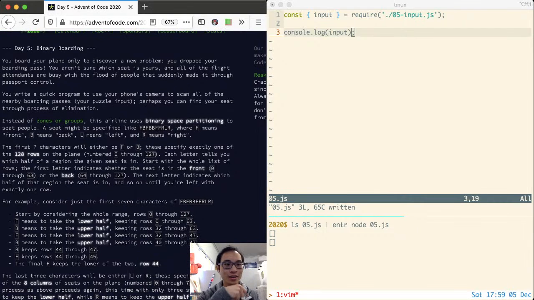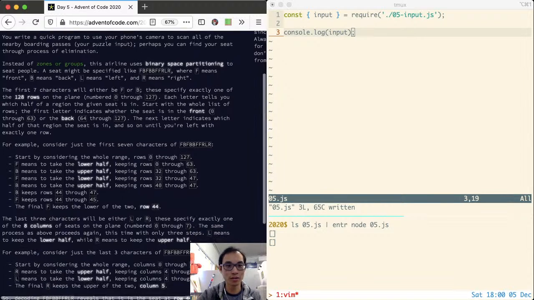So I lost my boarding pass, so we're gonna try and find my seat through elimination. The first 7 characters will be F or B, exactly one of 128 rows on the plane.